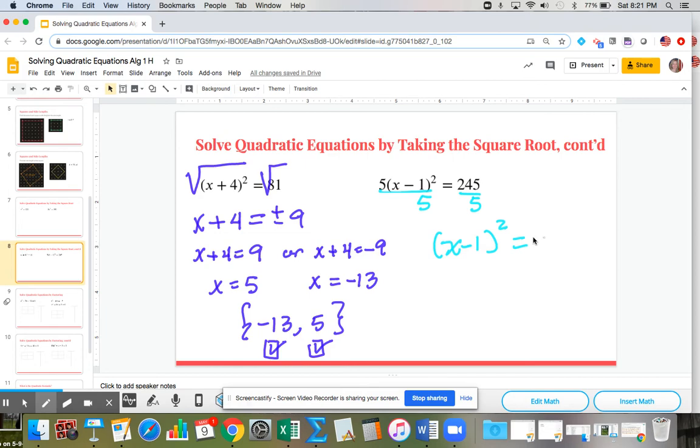If 250 divided by 5 is 50, then 245 divided by 5 must be 49. You could also use a calculator, of course. And so at this point, you're going to want to get rid of the square. So how do we undo square? We take the square root.